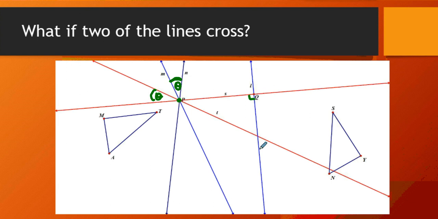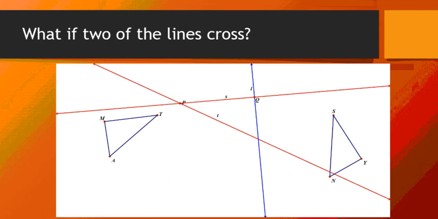Line S is perpendicular to line L, and that's an advantage for reasons we will see soon enough. So we just swap out lines N and M for lines S and T. That's pretty slick.